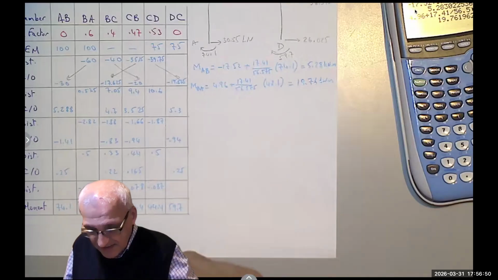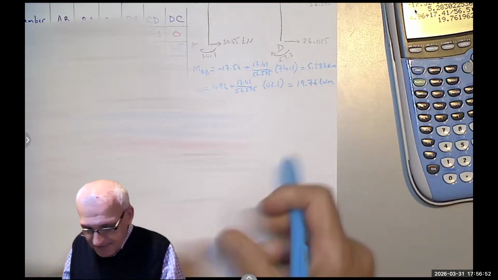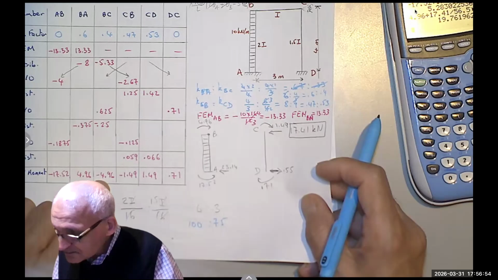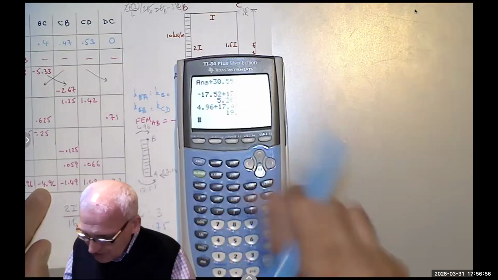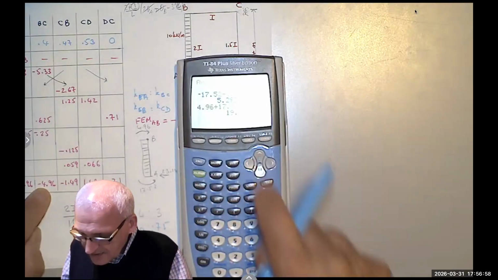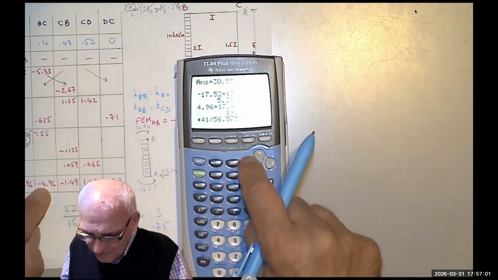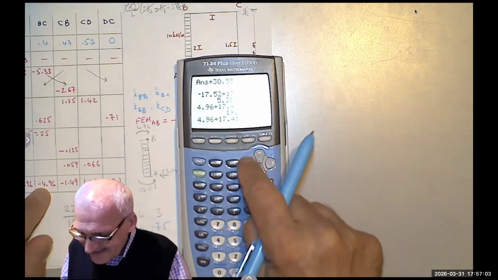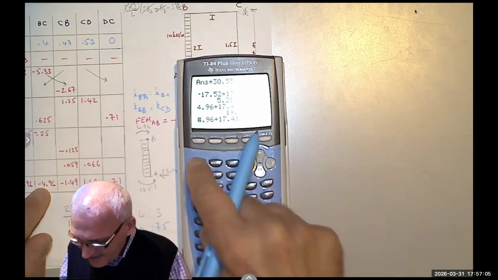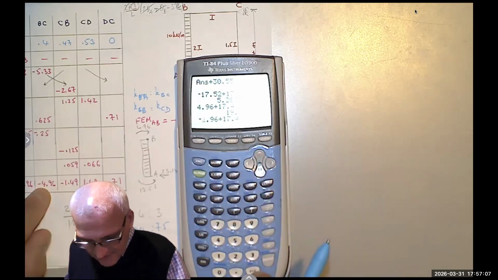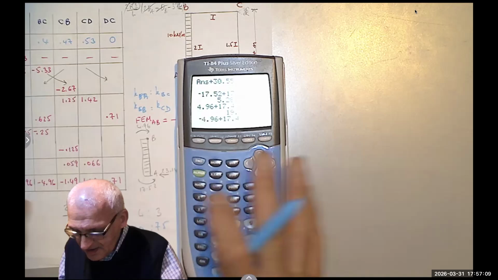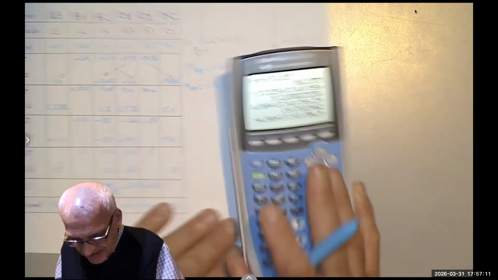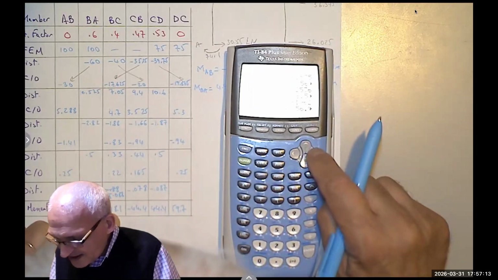I should get the same thing here for BC. BC, the moment is, so I'm going to take the same number. Okay, I'm going to insert a negative because it's a negative 4. And then here also, this is negative 48.1.